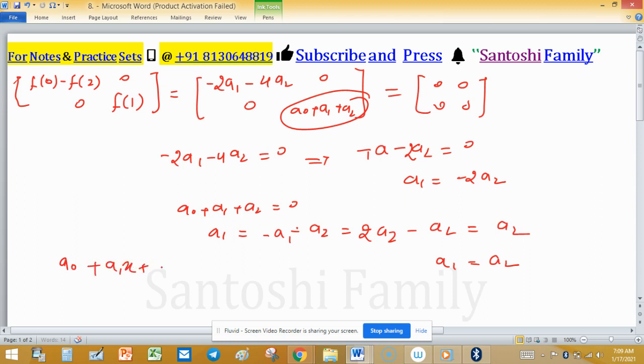Any element of the domain which is in the null space can be written with a1 equal to minus 2 times a2, a naught as it is, and a2 is a free variable here.